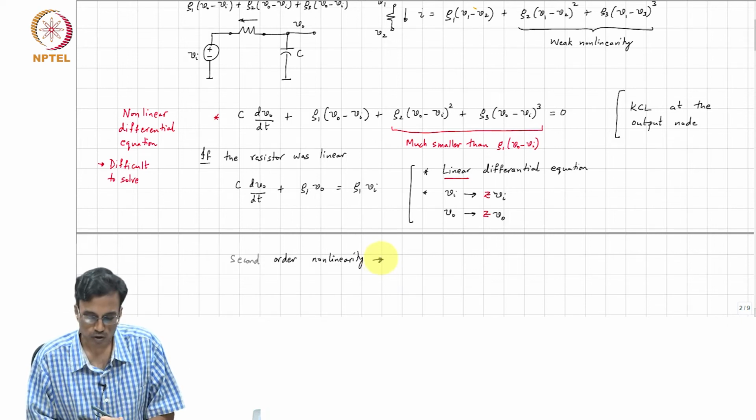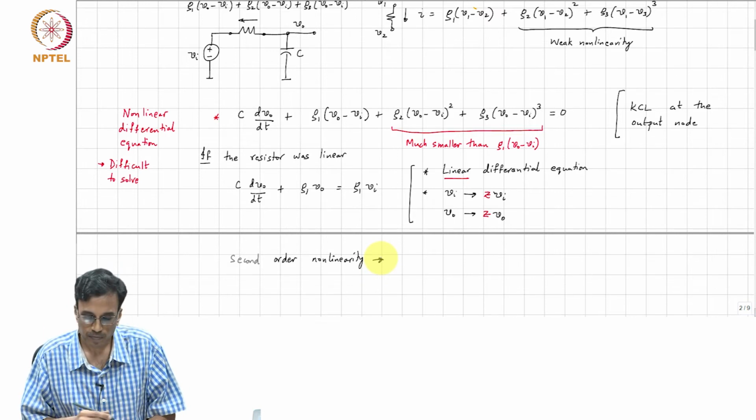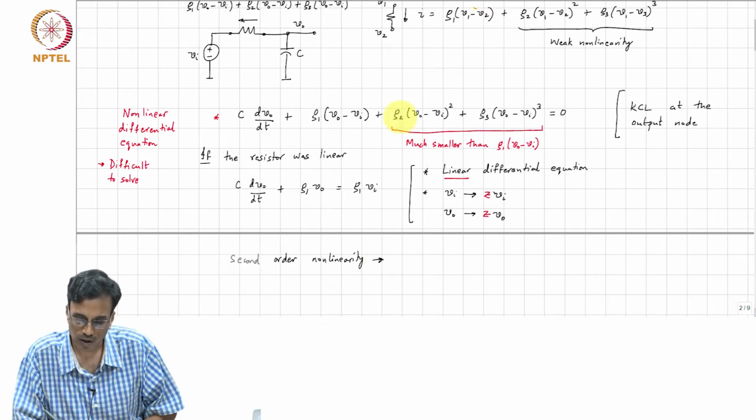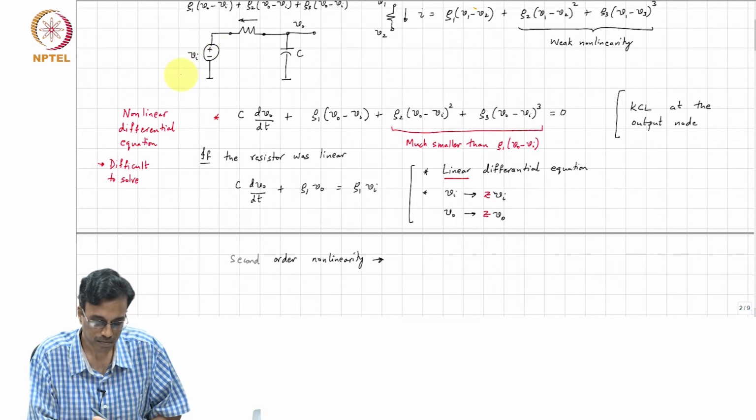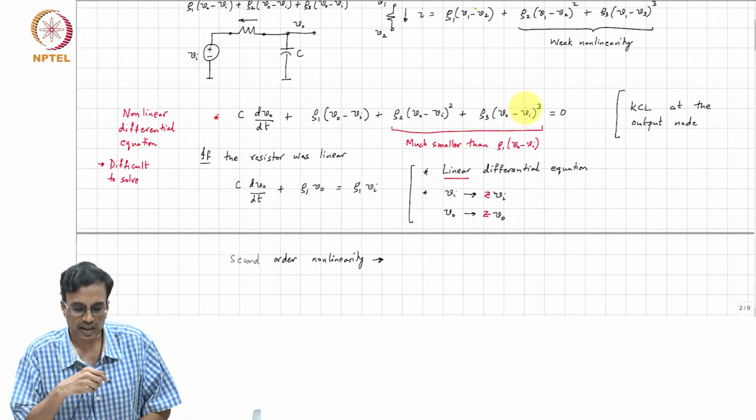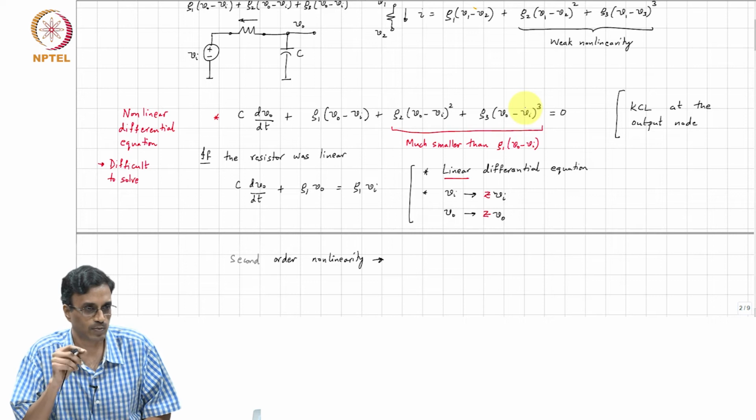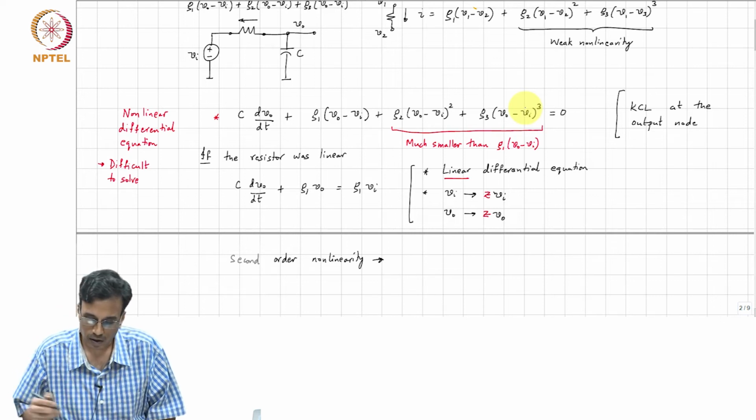So, using the same intuition, let us say our input in the system was changed by a factor z, right. Okay.